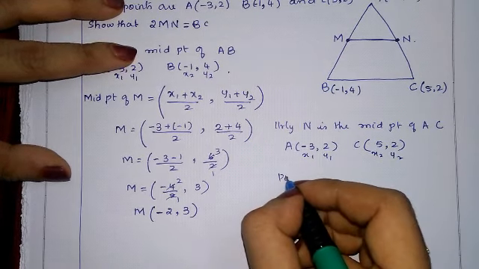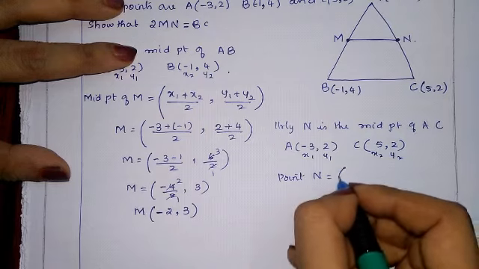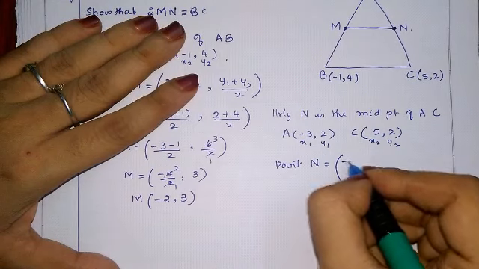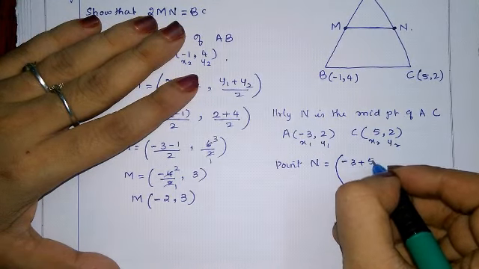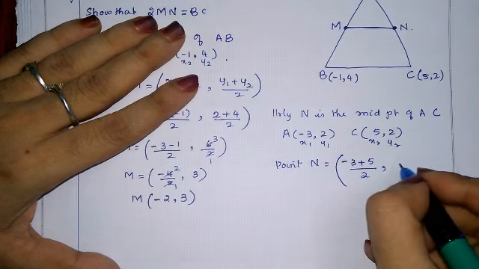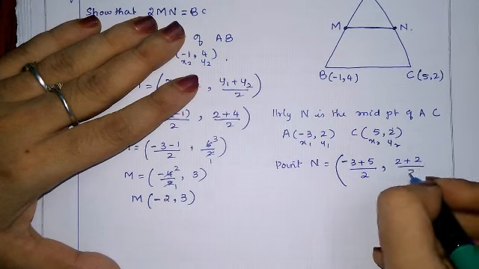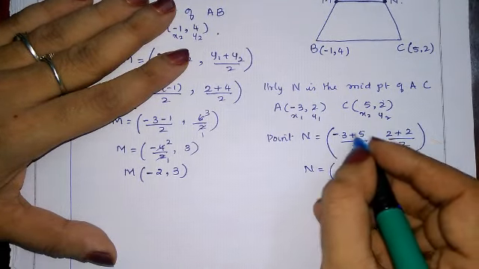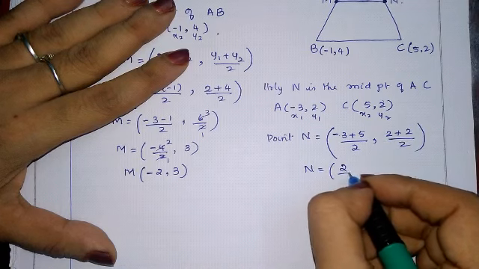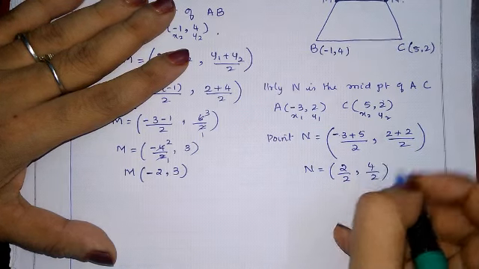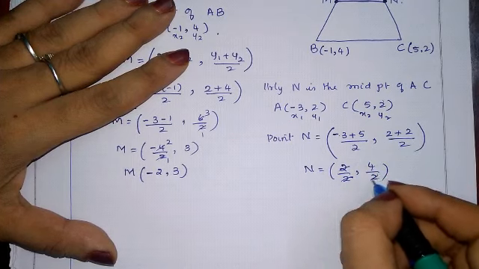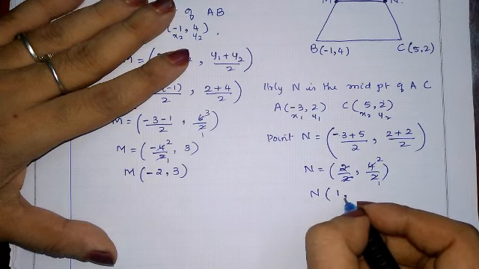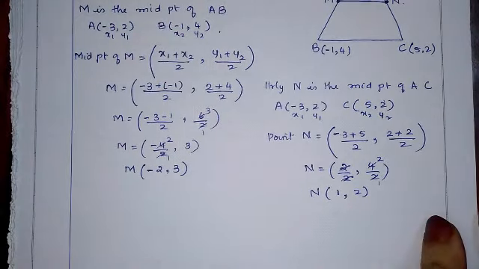So point N is equal to, we know the midpoint formula, ((x1 + x2)/2, (y1 + y2)/2). So N is equal to (5 - 3 is 2 over 2, 4/2). The 2s cancel. So we got N point as (1, 2). So this is the point for N.